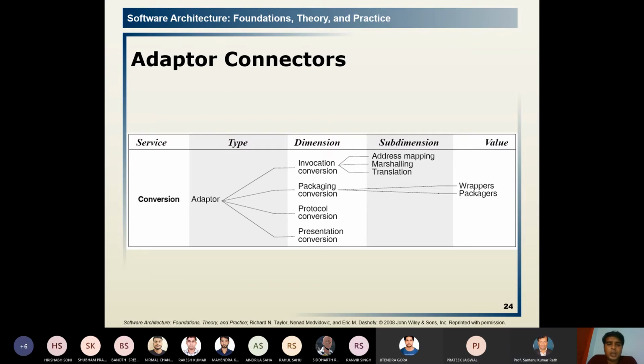Their dimensions are invocation conversion, which helps with address mapping, marshalling, and translation. Then the packaging conversion, wrappers and packaging. Then protocol converter, then presentation conversion. So this is the work of an adapter. It will be a type of connector.